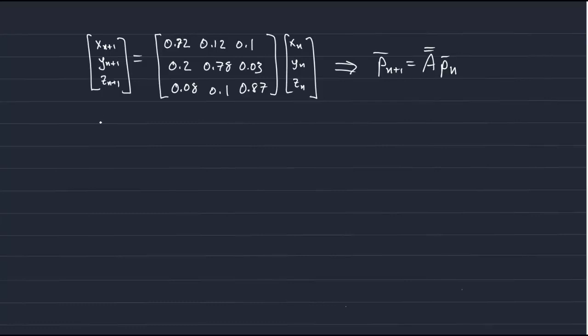The question we'll now ask is, is there a population distribution P such that, or I should say, is there a population P that never changes?